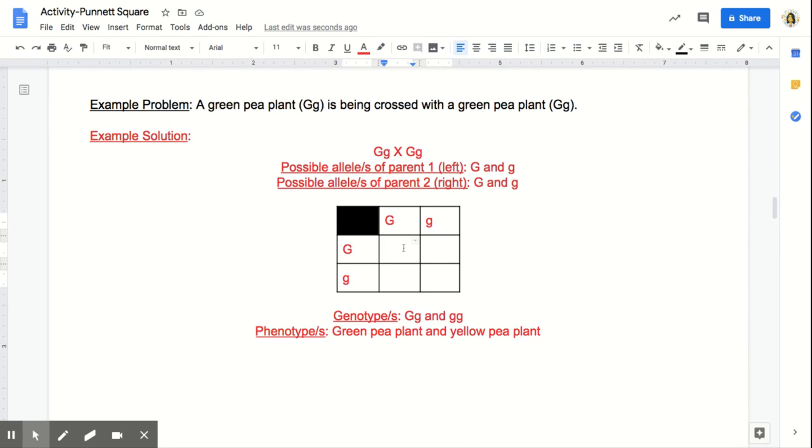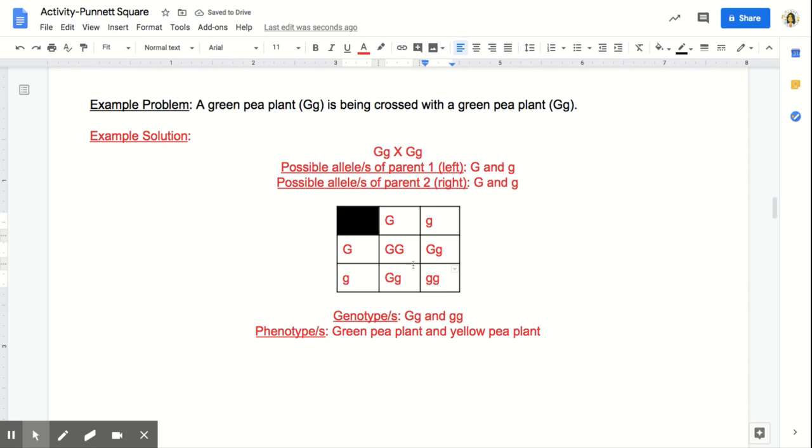All right, now for the crossing, you cross dominant allele with another dominant allele, you'll have homozygous dominant. You cross recessive allele with a dominant allele, you're going to have heterozygous. So remember, capital goes first. You cross dominant allele with recessive allele, you have heterozygous. And then recessive allele with recessive allele, you have homozygous recessive.